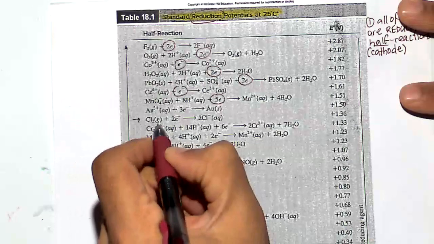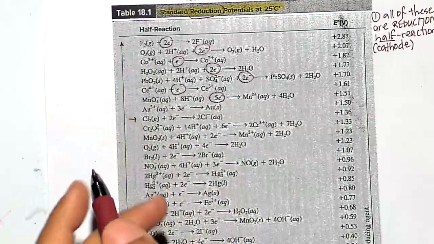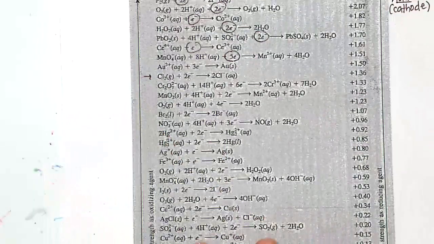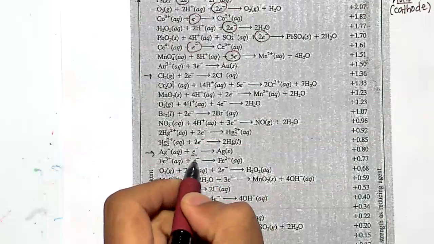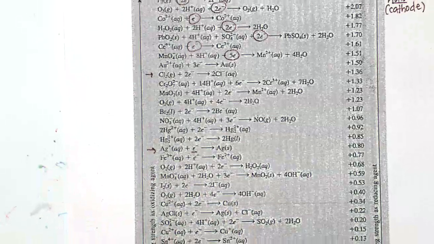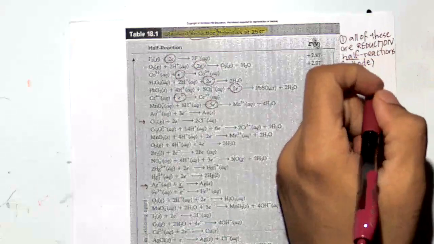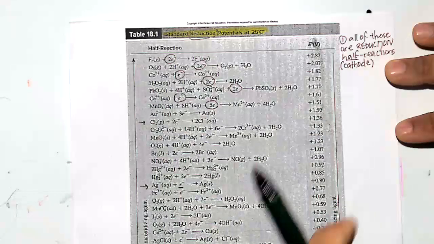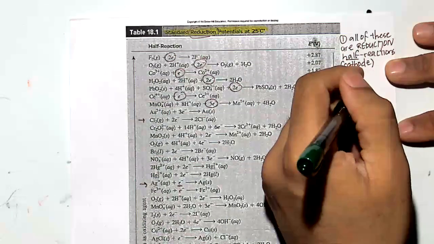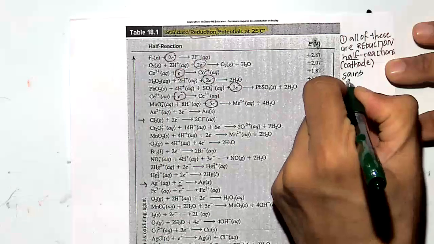Cl2 gas gains 2 electrons. How many electrons is being gained by Ag plus here? 1. All of these are cathode half reactions, reduction half reactions, where the substance gains electrons.